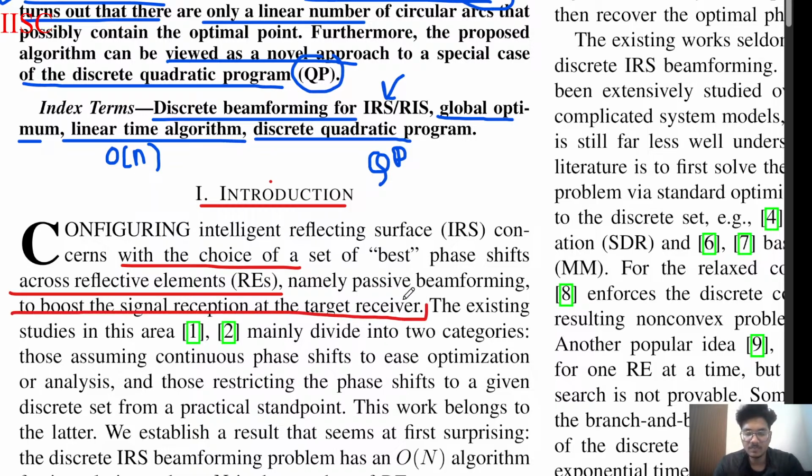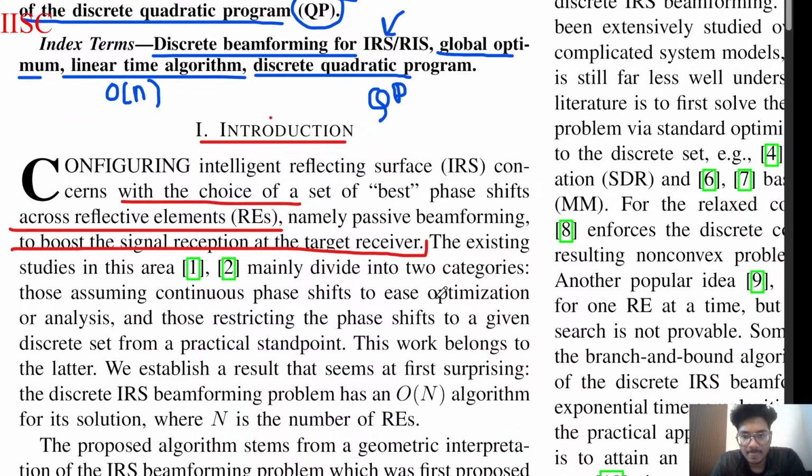So the basic gist of this paper is that we are reconfiguring the intelligent reflective surface by choosing the best phase shift across all the reflective elements so that the beamforming boosts the signal reception at the target receiver.